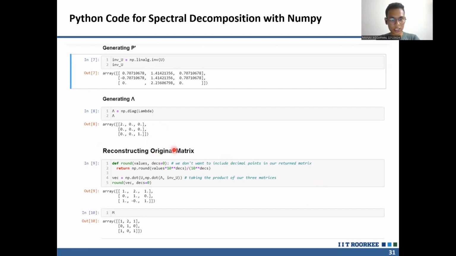Now, reconstructing the original matrix involves taking dot products of the U matrix with lambda and the U transpose matrix. That is, we can achieve a matrix of this particular form. But we see that the original matrix is nothing but exactly the same. Thus, we can verify our spectral decomposition process and appreciate its validity.